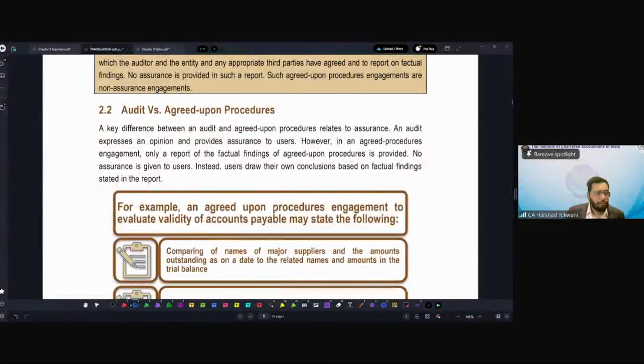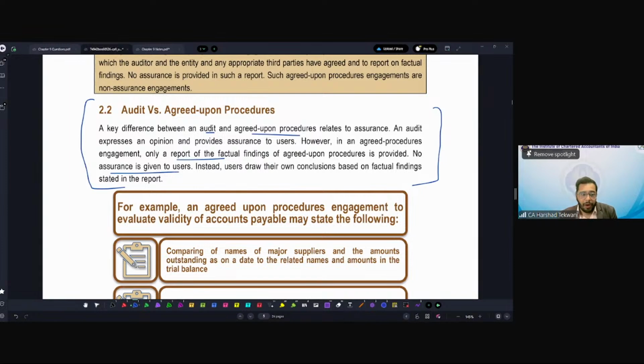And you have a good difference between audit versus agreed upon procedures over here. I would recommend everyone to read it because that is very important. Whatever we have discussed, like audit and agreed upon procedures, report on factual findings, no assurance given, is written over here.